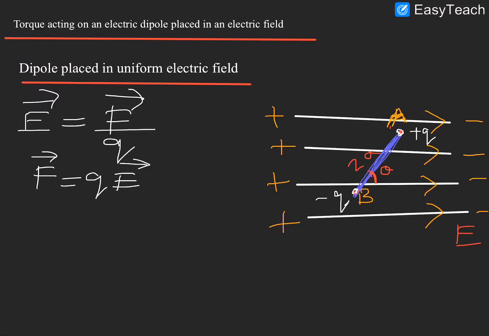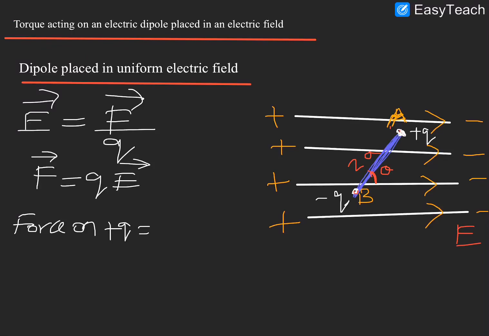Okay, so there are two charges, and hence both the charges will experience some force. So let us find it. What is the force on plus q, which is at A? Here you can see your plus q is here.